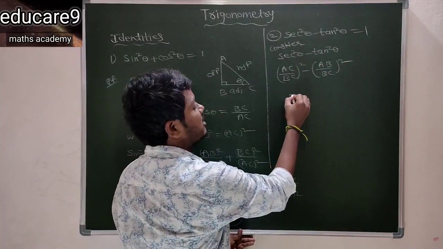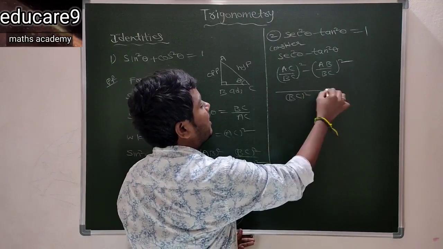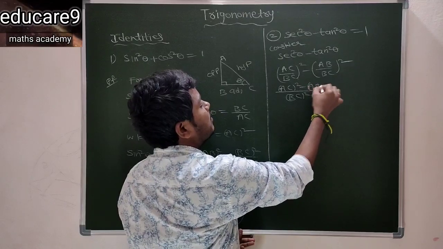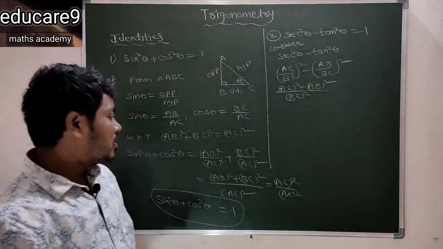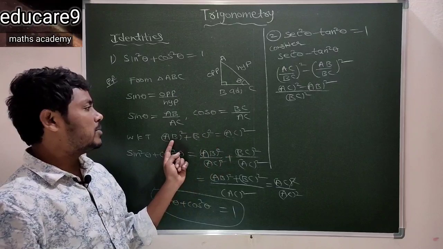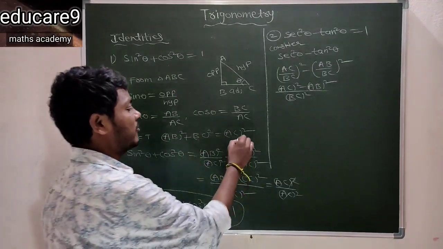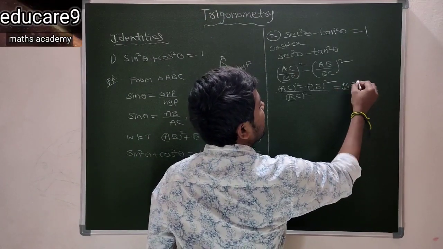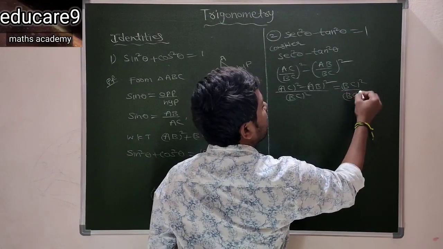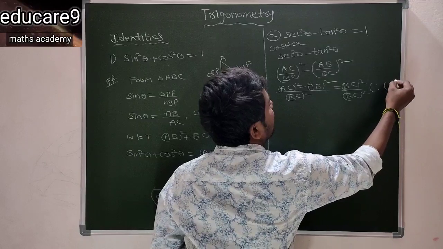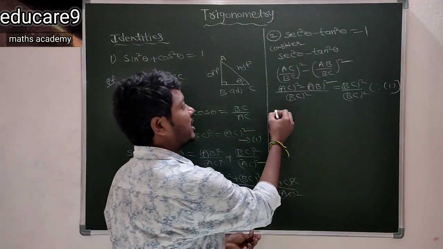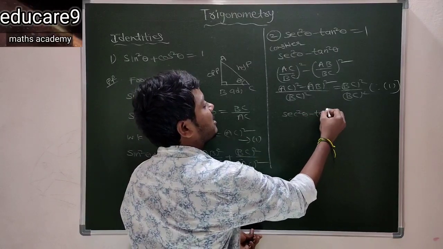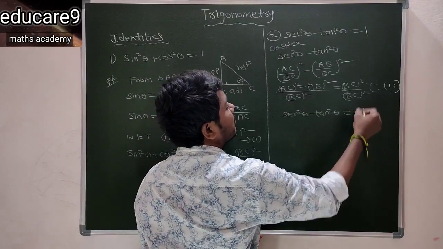Here BC square is the LCM and numerator AC square minus AB square. But what is AC square minus AB square? That is BC square only, na? From 1. This is BC square by BC square. So clearly therefore sec square theta minus tan square theta value is 1.